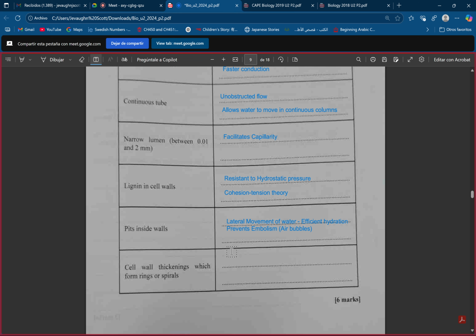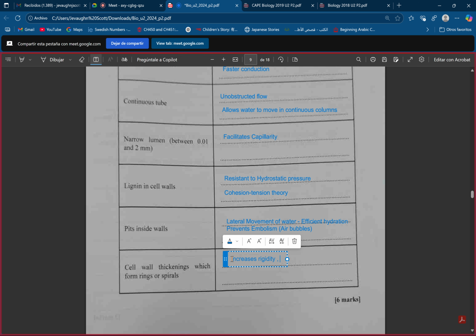We're speaking about different forms of lignification. Any responses? Let me check the chat. Okay, provide structural support. That's what we're saying. So it increases the rigidity, right? So it increases rigidity.